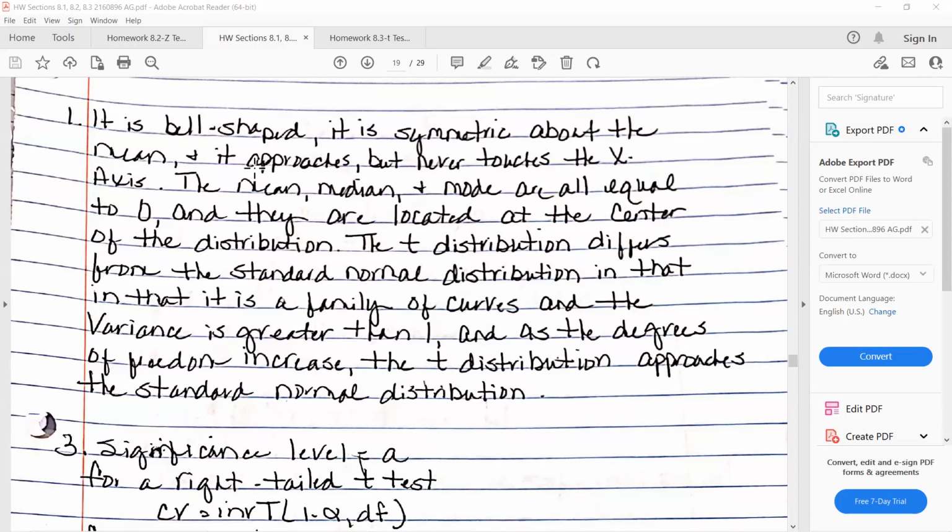It's symmetric about the mean, and it approaches but never touches the x-axis. That's number one. I'm reading it for the sake of people who are watching the video.